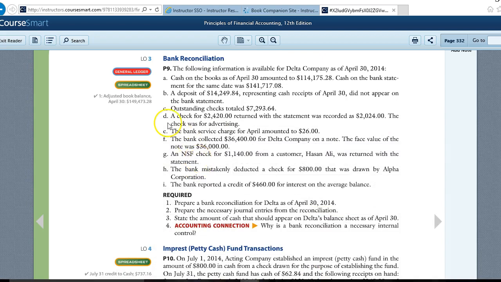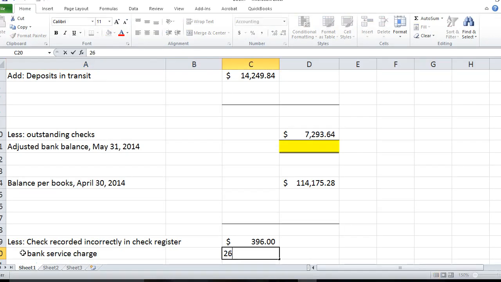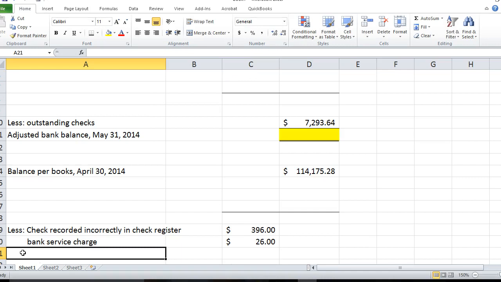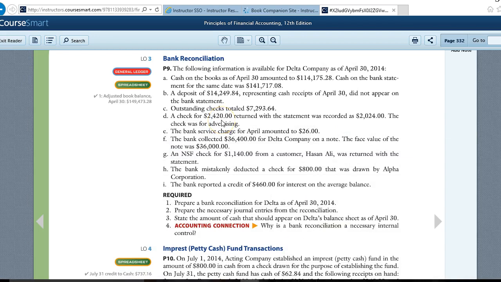Then a bank service charge for April amounted to $26. We're going to have to show bank service charge $26. The bank collected $36,400 for Delta Company on a note.